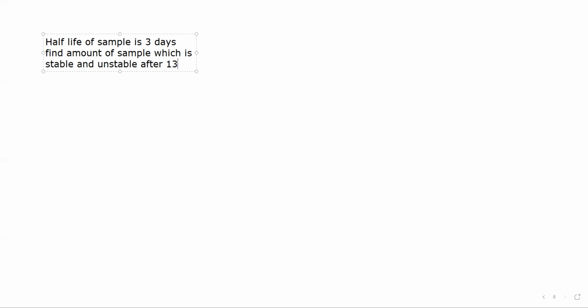Example: if the half-life of the sample is three days, find the amount of sample which is stable and unstable after 9 days if the original unstable sample is 200 grams.